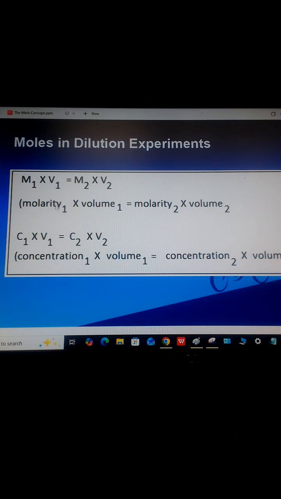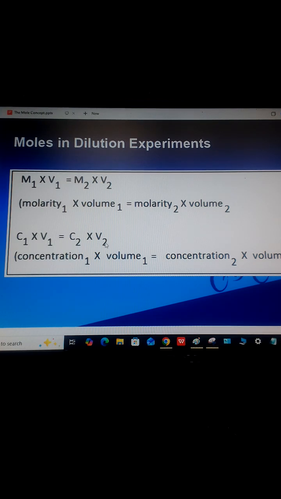So molarity 1 times volume 1 is equal to molarity 2 times volume 2. Or rather, the concentration 1 times volume 1 is equal to the concentration 2 times volume 2.